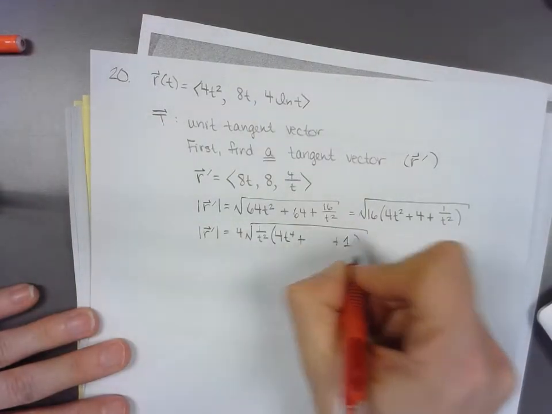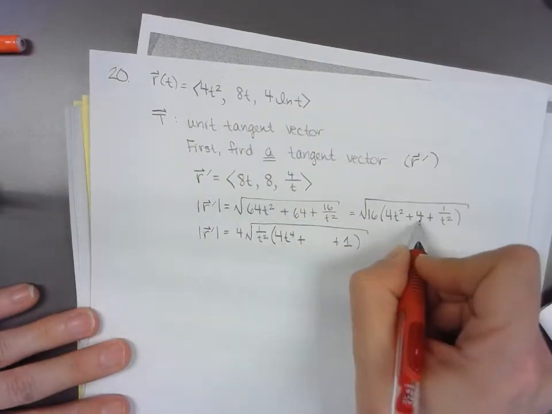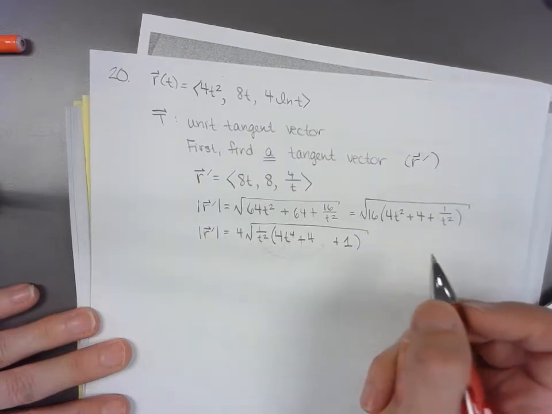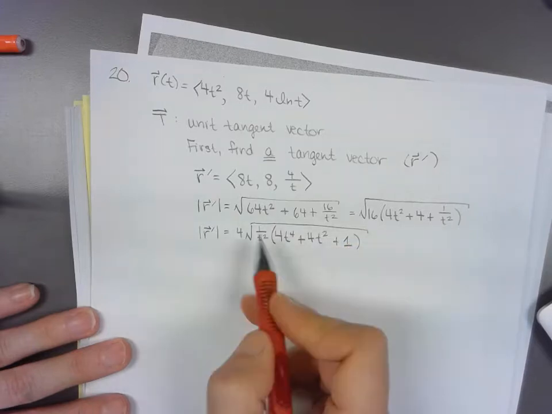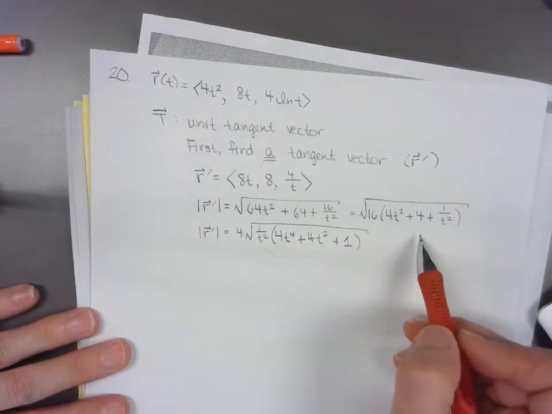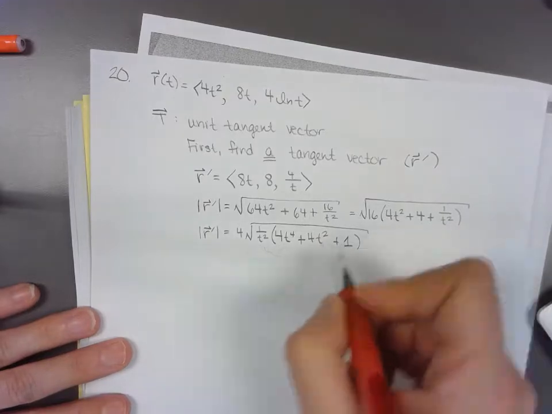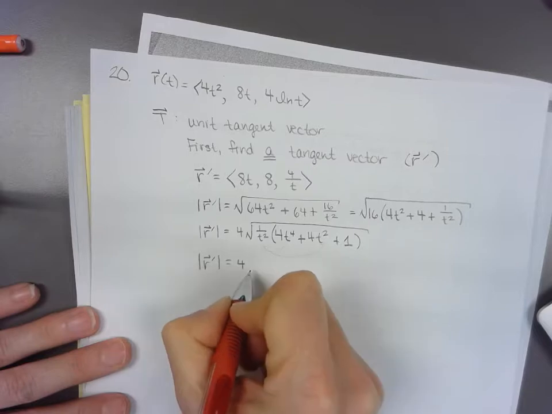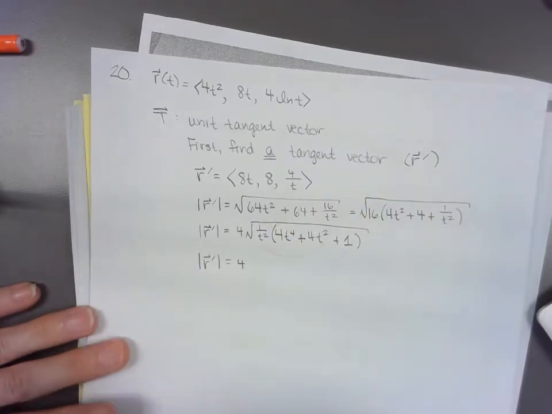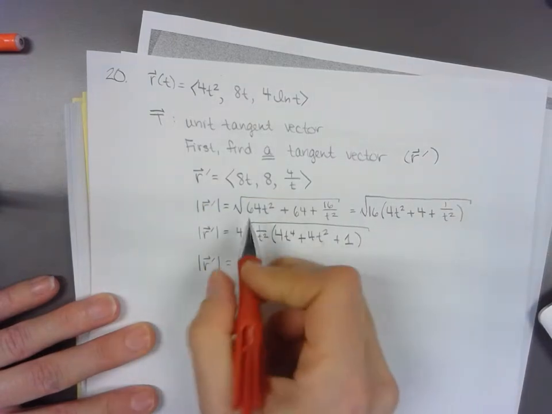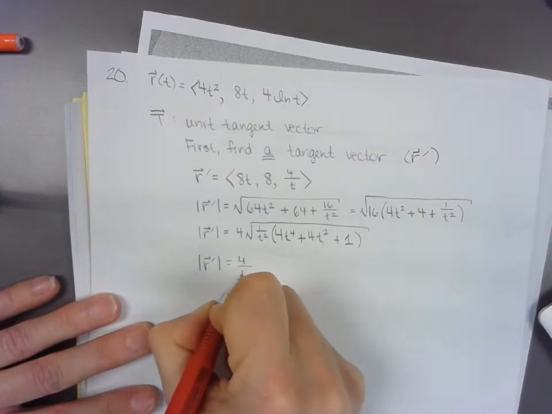Plus, and then the middle one, the 4 stays, because if I distribute back through, the t squareds would cancel and I just end up with that 4. And the square root of 1 over t squared would just be 1 over t, so I'm going to bring that out in front of the radical too, so I'd get 4 over t.